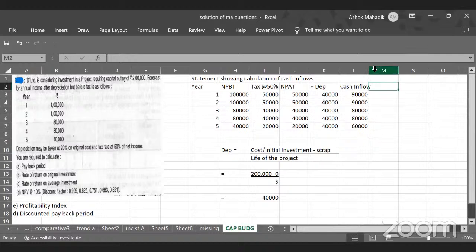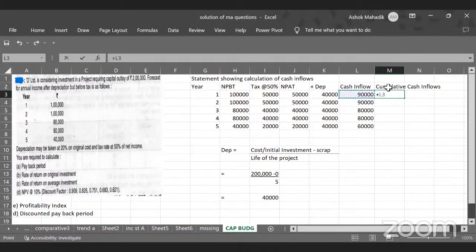Then we need one more column, that is cumulative cash inflows. We have to go on adding cash flow each year. In first year we have 90,000, so I'll just add 90,000. In second year we have opening 90,000 plus second year's 90,000. So cumulative figure is 1,80,000.